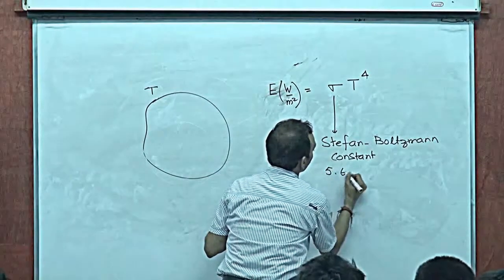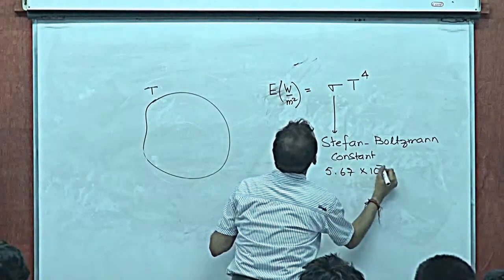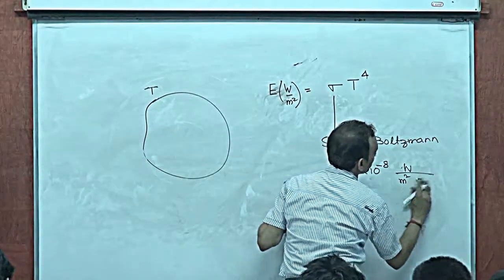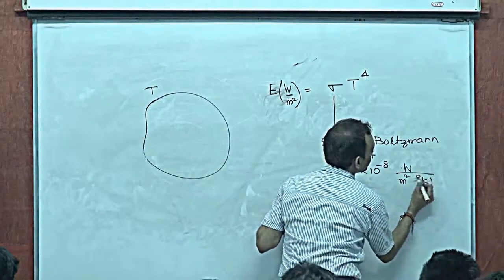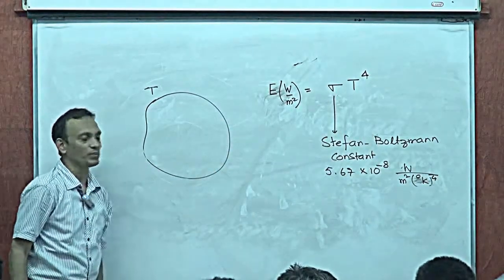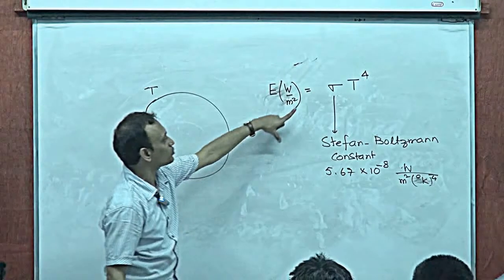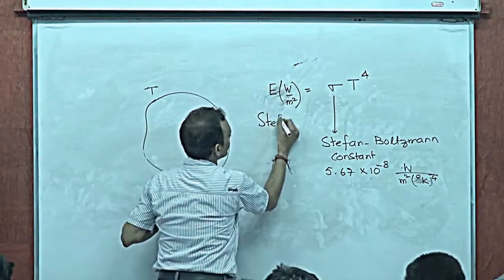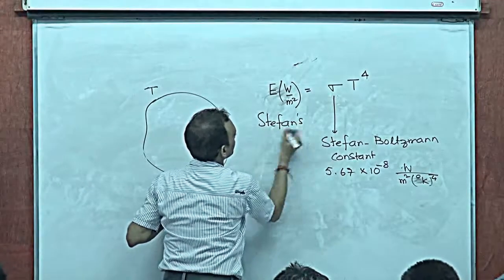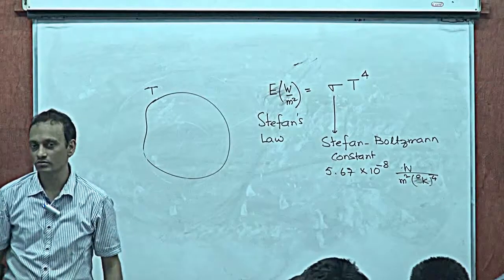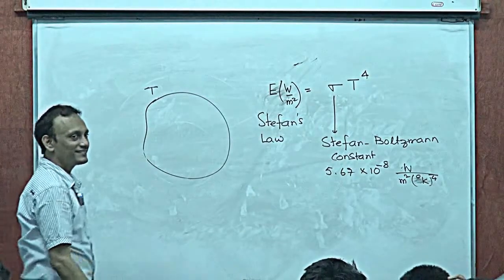It has a value of 5.67 into 10 to the power minus 8 watts per meter squared per degree Kelvin to power 4. That's the Stefan-Boltzmann constant, and this is called Stefan's law. In fact, it's the Stefan-Boltzmann law.